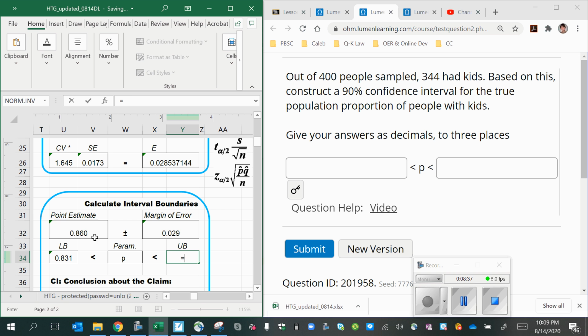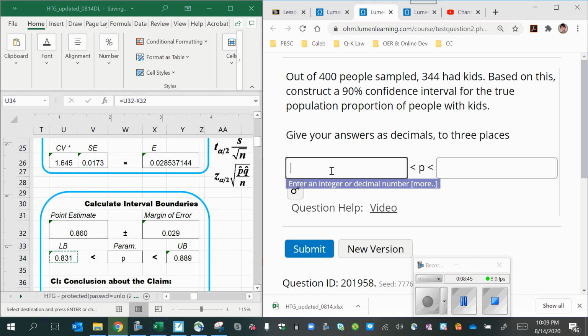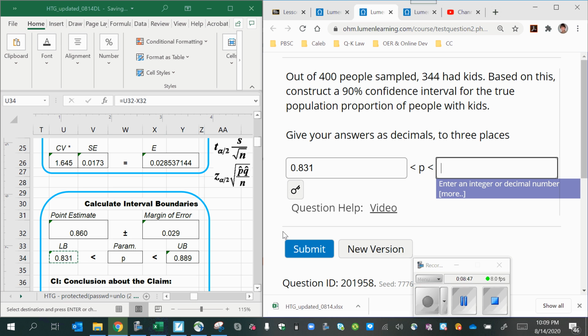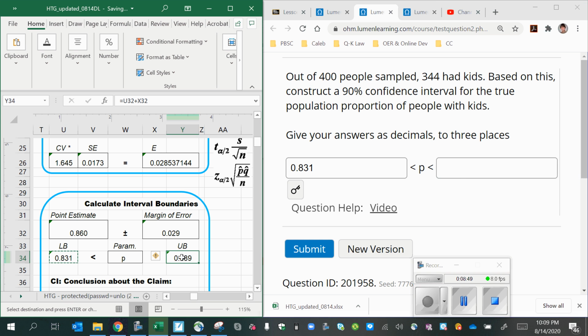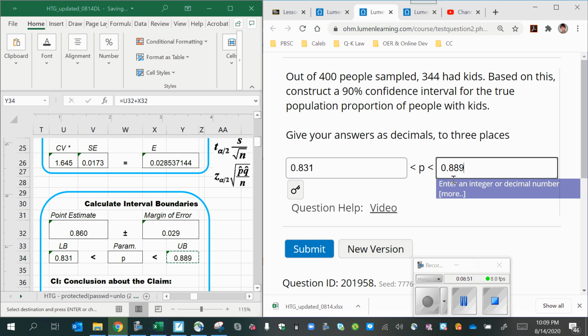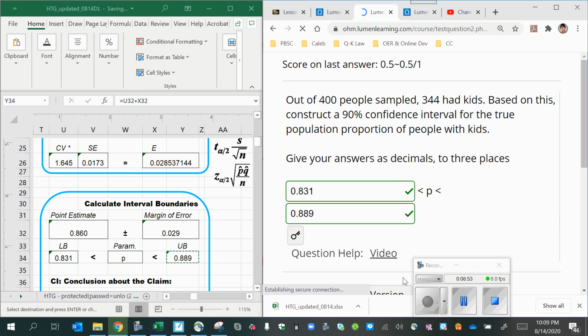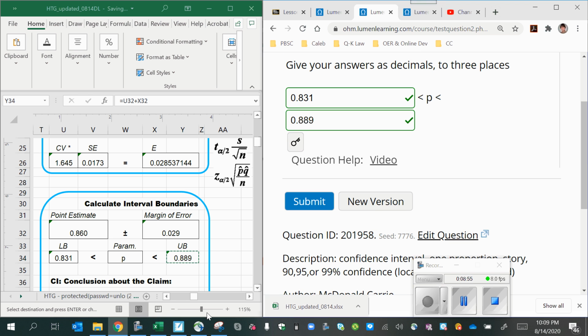And to get the upper boundary, I take that p-hat and add the margin of error. So that gives me my two boundaries for my confidence interval. And we're good to go on that one.